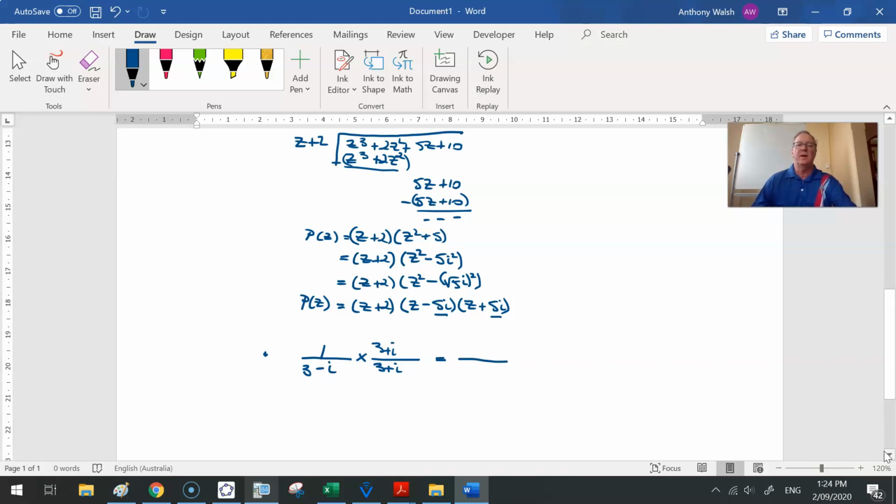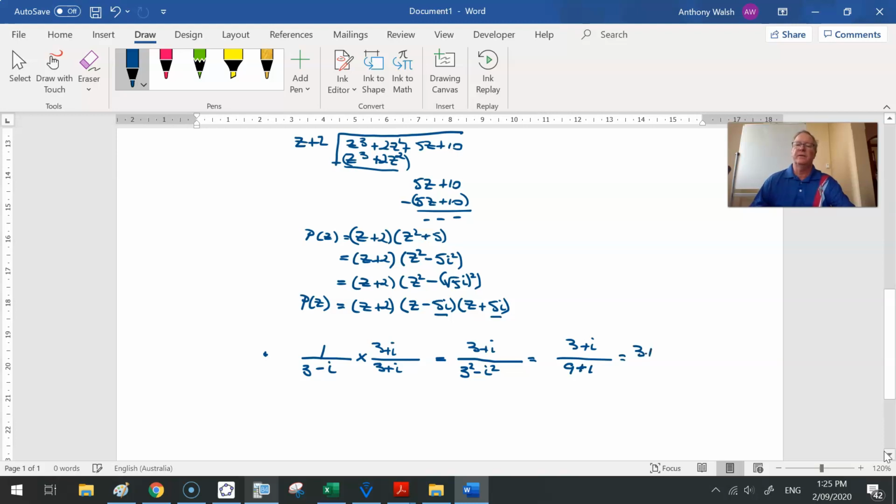So on the top you've got 1 times 3 plus i, which is 3 plus i. And on the bottom you've got 3 minus i times 3 plus i, which is the difference of 2 squares rule again. That's the same as going 3 squared minus i squared. And of course we know that i squared is equal to negative 1. So this would become 3 squared, which is 9, plus 1, which is equal to 10.